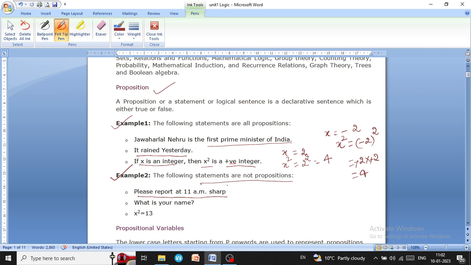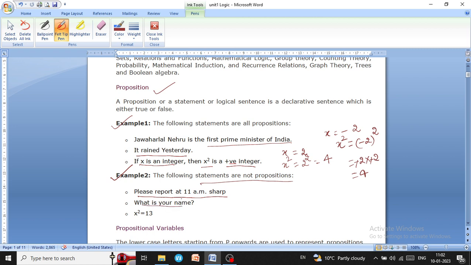It means you have to report at exactly 11 a.m. It's a normal statement. It is not true or false. It's an exact time. You have to report at 11 a.m. sharp. And second, what's your name?